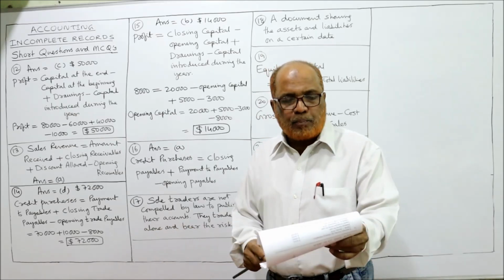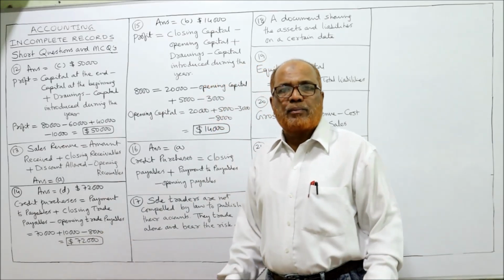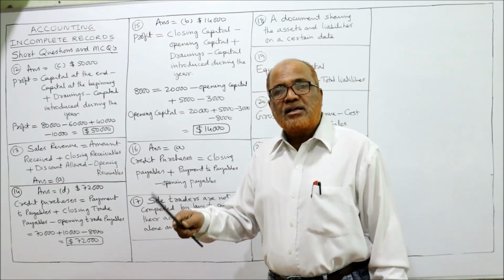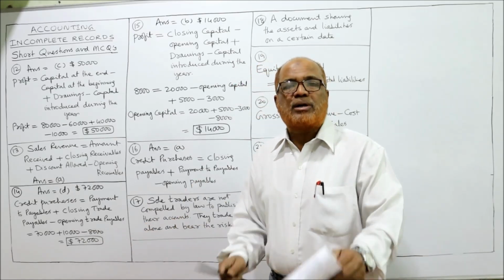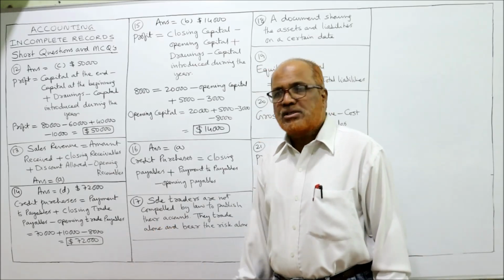So how much is the amount paid to payables? 70,000 plus closing trade payables. Closing trade payables are 10,000. So plus 10,000 minus opening trade payables. Opening trade payables are 8,000. Deduct 8,000. 72,000 is the answer.